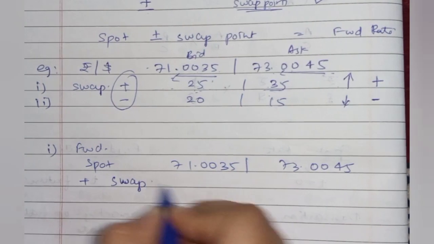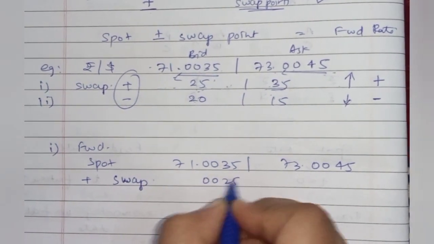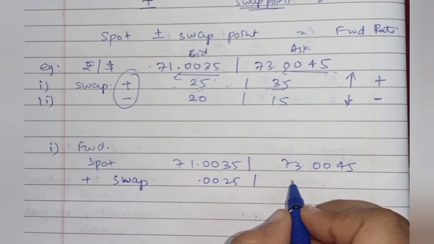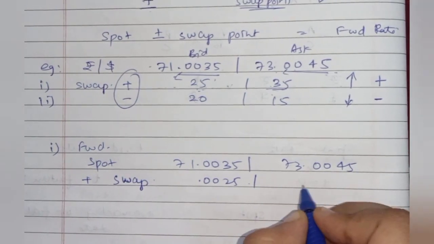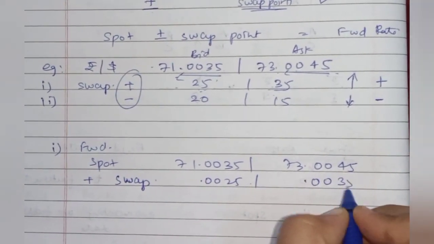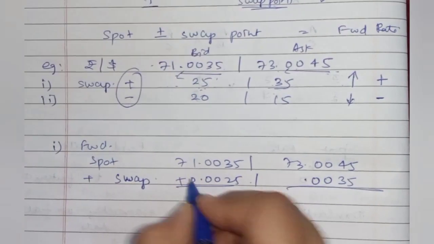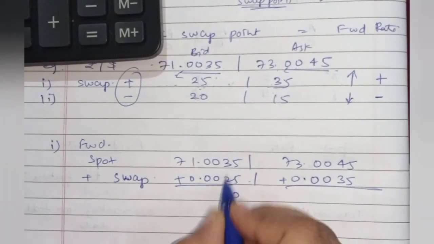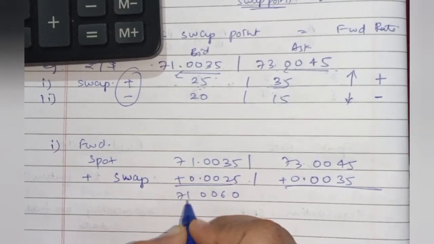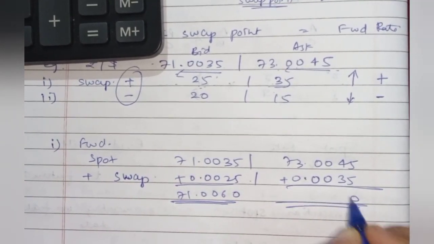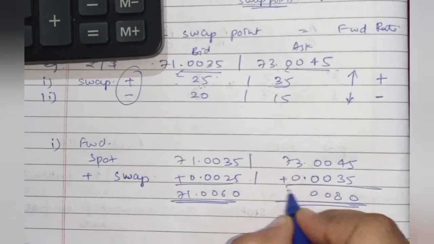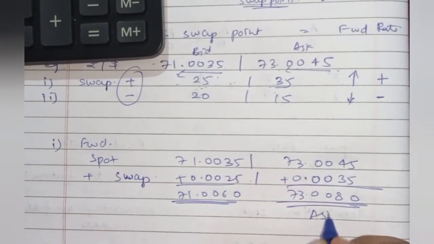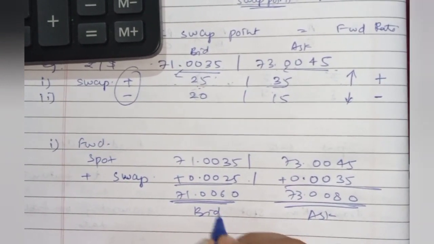So it will be added as 0025, and similarly here 0035. So we will add these two and get the forward values. As you can see, the ask is greater than the bid.